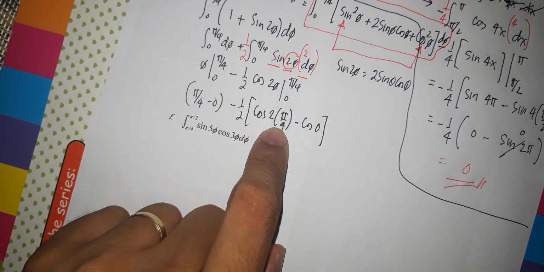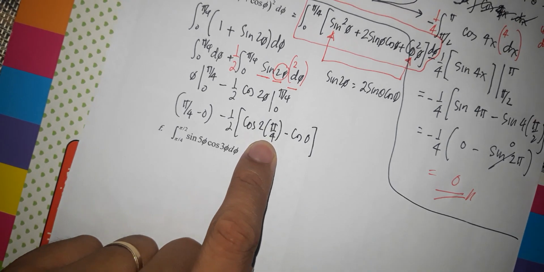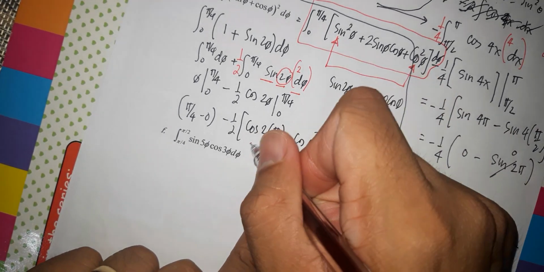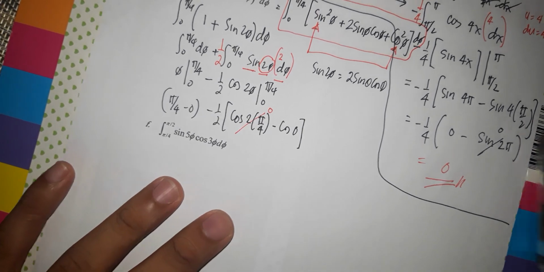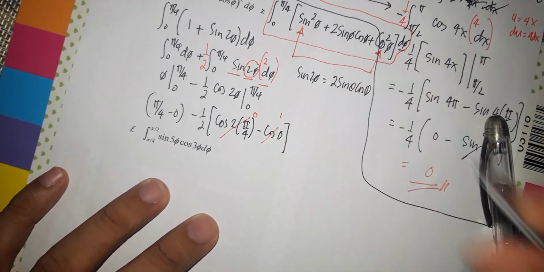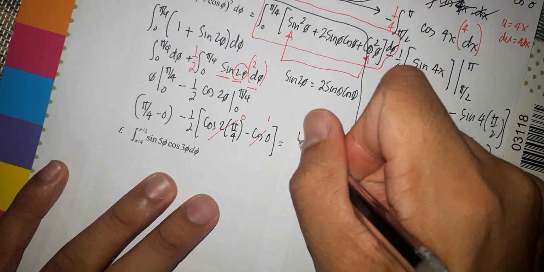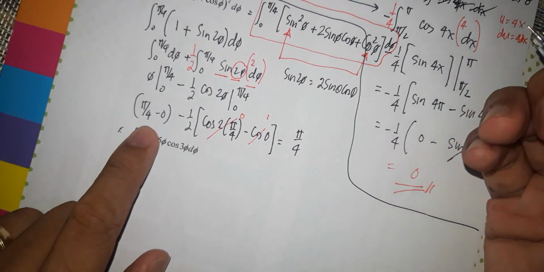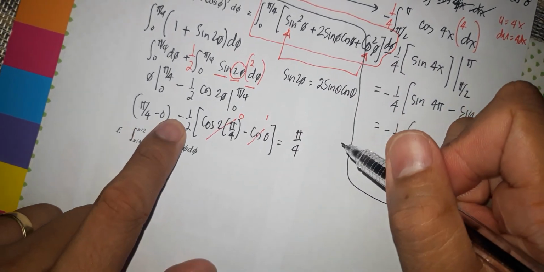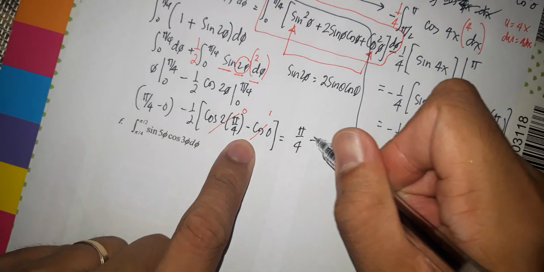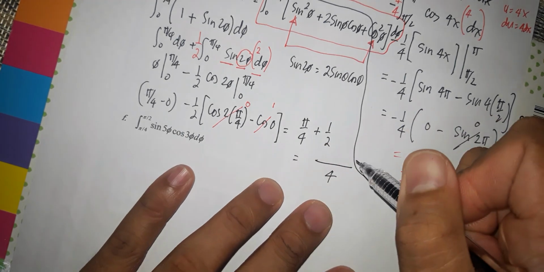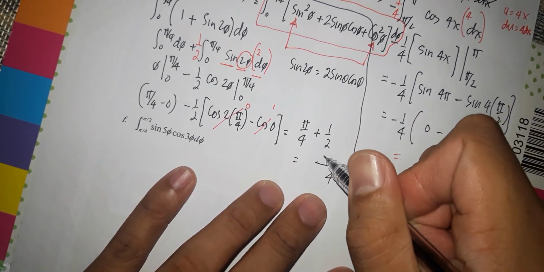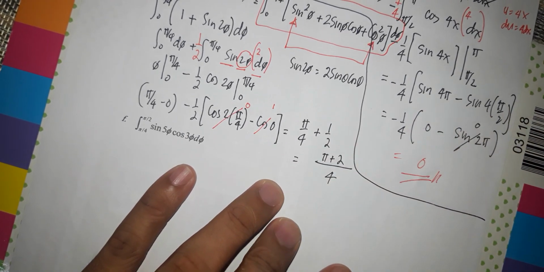Cosine 2 times pi over 4 is pi over 2. And cosine pi over 2, cosine 90 degrees is 0. Cosine 0 is equal to 1. And that gives you pi over 4 minus 0 is pi over 4 minus 1/2 times negative 1 is plus 1/2. So simplifying that, that gives you pi plus 2 over 4.